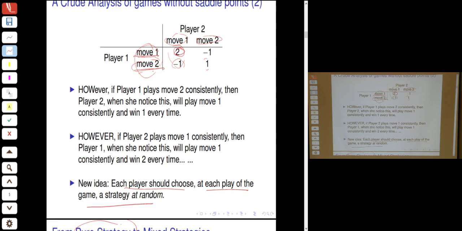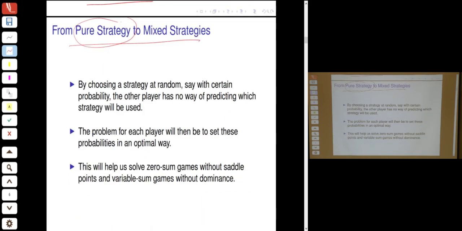So, this is what we are going to look at. The problem for each player will then be to set these probabilities of choosing various strategies in an optimal way. And this will help us to solve zero-sum games without saddle points and variable sum games without dominance.